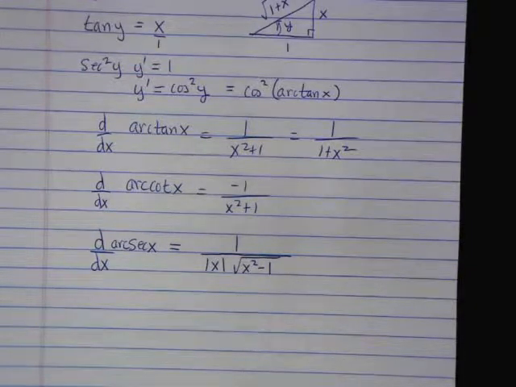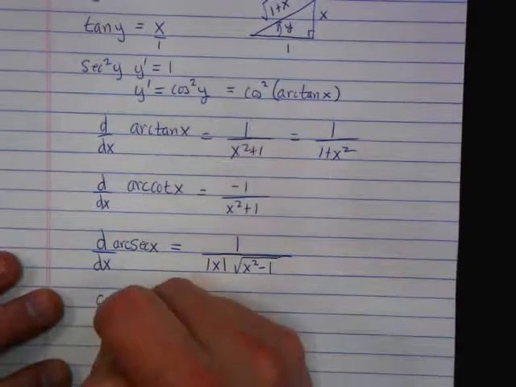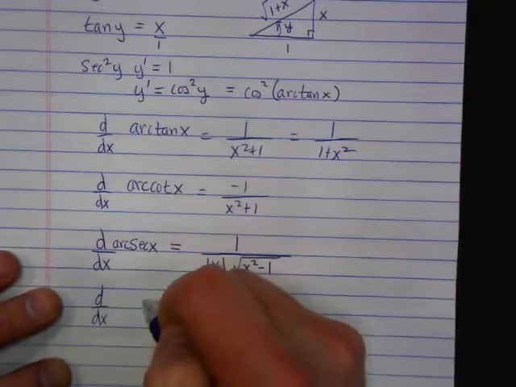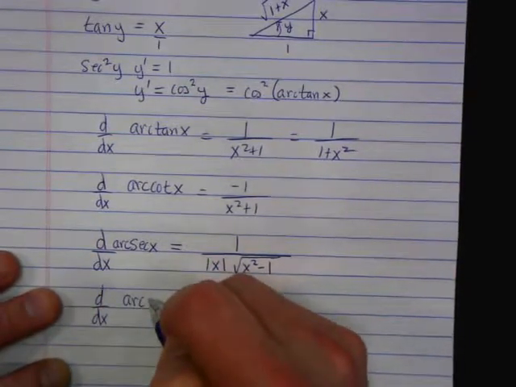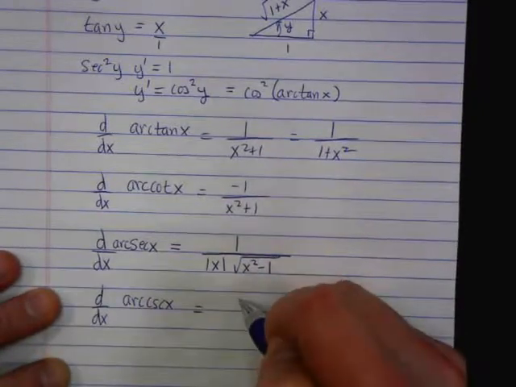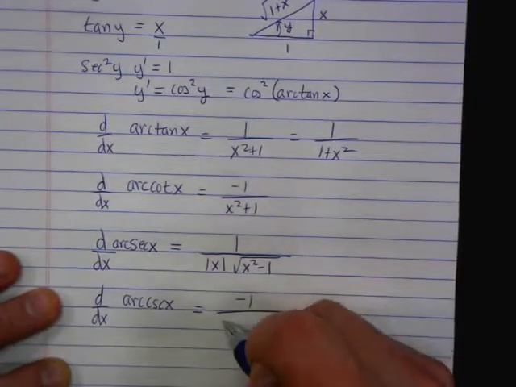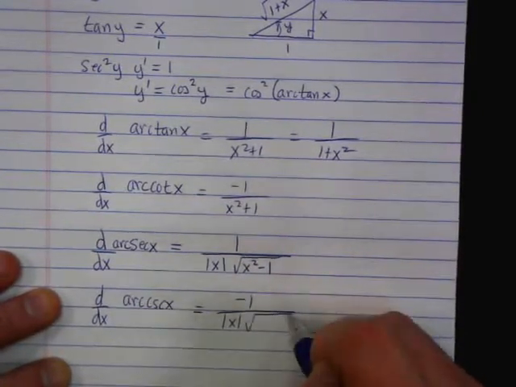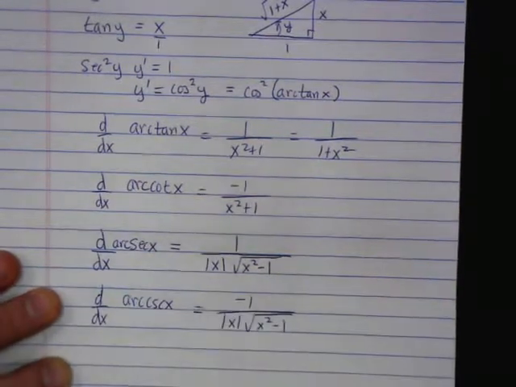So I want to make sure that I have that one right. Doing it from memory. I'm very sure I do. And the derivative of arc cosecant of x is negative 1 over absolute value of x, square root of x squared minus 1.